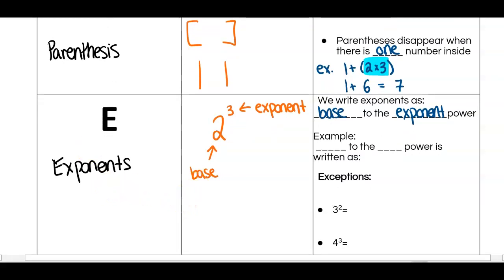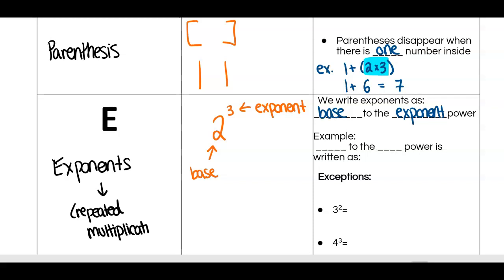I'm going to write that over here, actually. Exponent means repeated multiplication. So 2 to the 3 power, just for a side note, actually means 2 multiplied 3 times. 2 times 2 times 2. So the exponent tells you how many times to multiply the base.